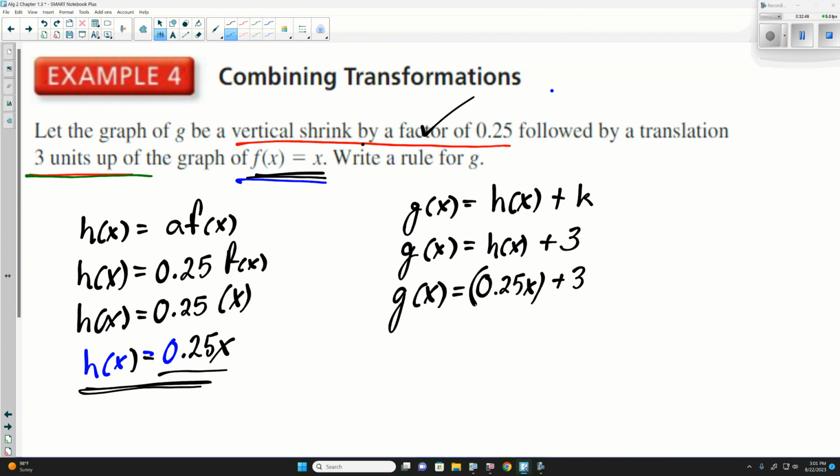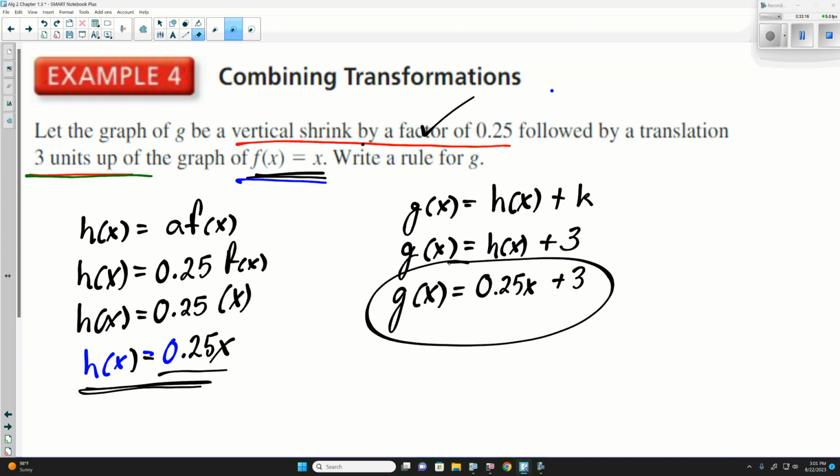Now again, we could have the parentheses around it because we're plugging it into the function. But is there anything in front of those parentheses? No. So we don't have to have them here. Because we just need to be careful, if we plug something in and there's a number or sign in front of it, that it does get applied to that entire function. That's it.